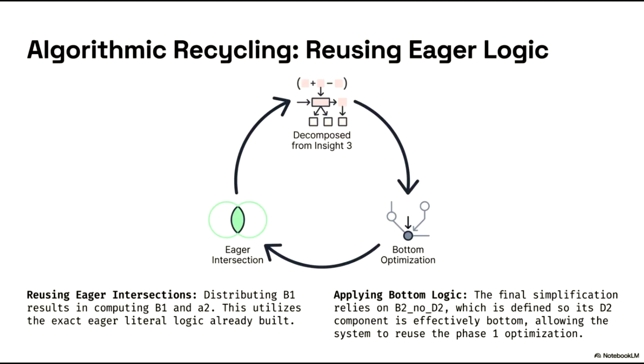Moving to the eager intersection, we see that distributing B1 results in the computation of both B1 and A2. This step is significant because it utilizes the exact eager literal logic already built, minimizing overhead. By recycling these logic structures, the system maintains high performance through the strategic reuse of previously established literal logic and optimizations.